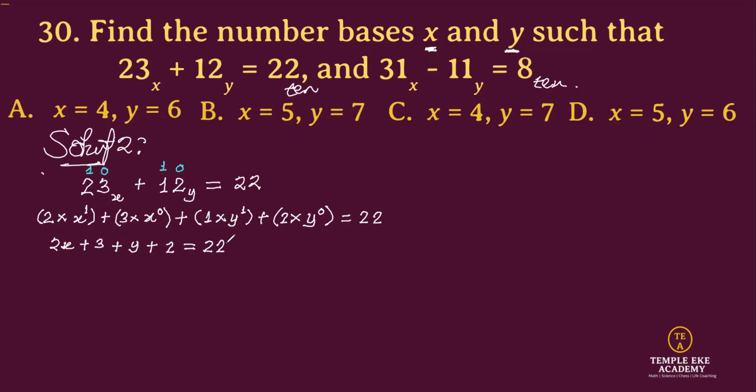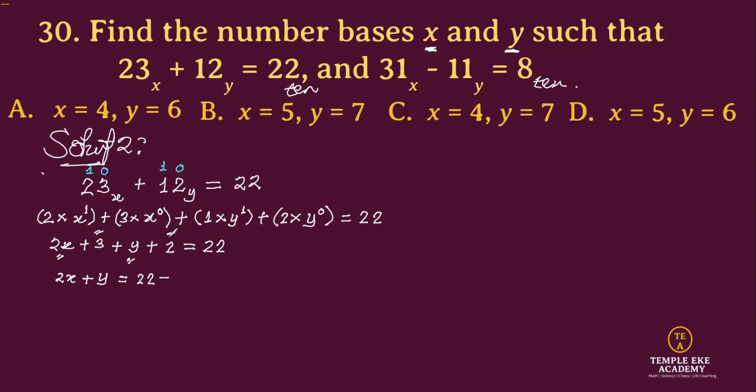Now, let us take like terms together. The unknowns, 2x and y, should be maintained on the left-hand side. So let's have 2x plus y equals 22 on the right-hand side, minus the results of the combination of 3 and 2. So 3 plus 2 on the left-hand side is 5.